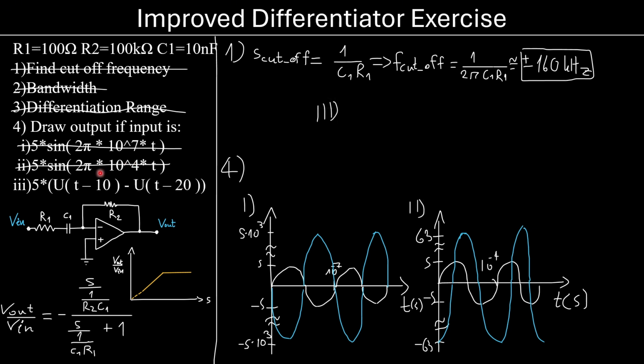Going to 3, we have what we call a step function, or rather 2 step functions, which create something of a square.